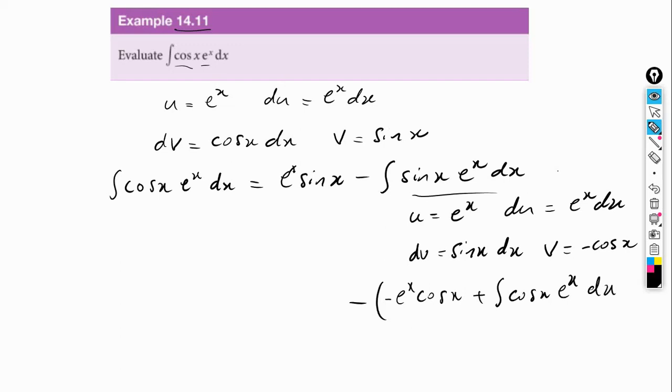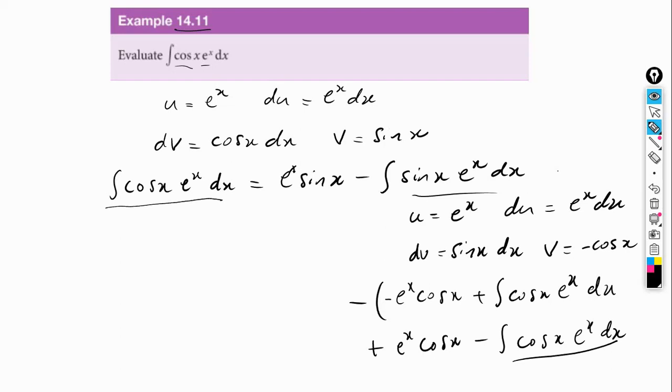Okay, so now let's take care of all the signs here. This is going to be plus e to the x cosine of x, and then minus the integral of cosine of x e to the x dx. So notice that we're going through a cycle because this is the same expression that we had at the beginning.